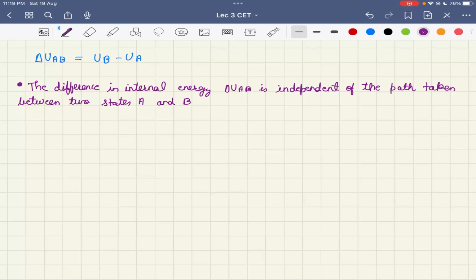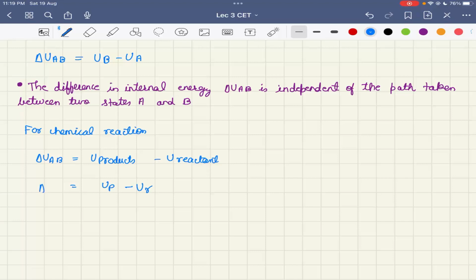For a chemical reaction, the change in the internal energy may be considered as the difference between the internal energies of the products and of reactants, right? For example, for chemical reactions, delta UAB is nothing but energy of products minus energy of reactants, which, if we use an abbreviation, is UP minus UR, which is nothing but delta U. Let us drop this A and B, right?